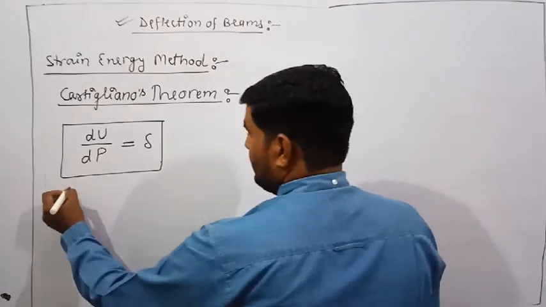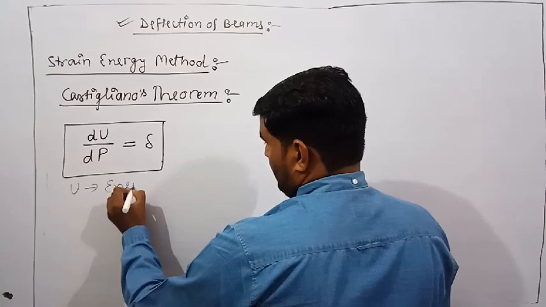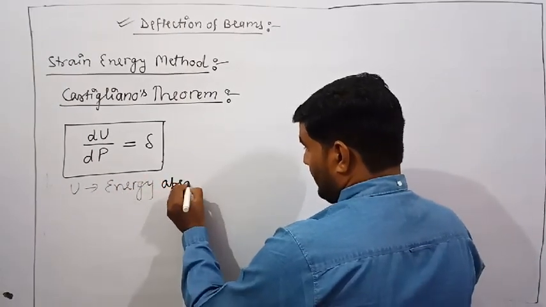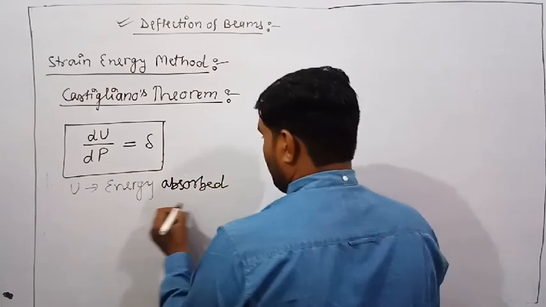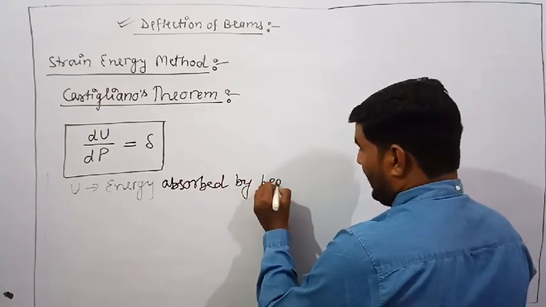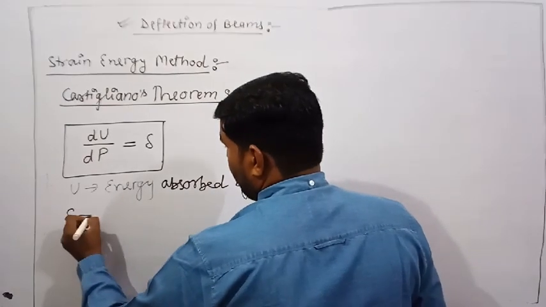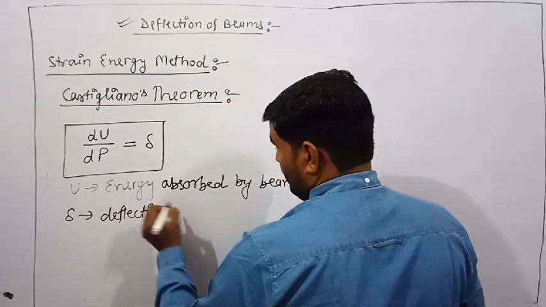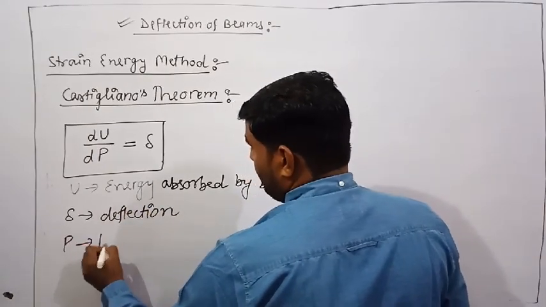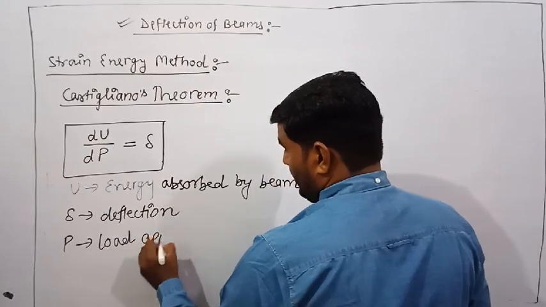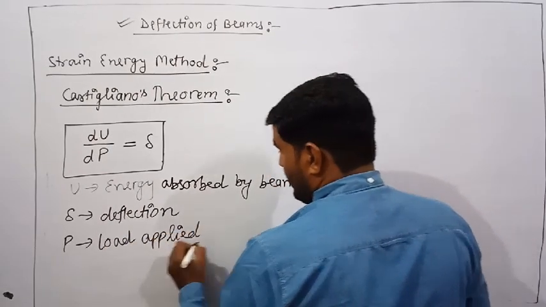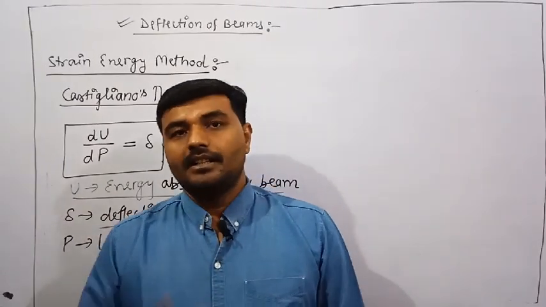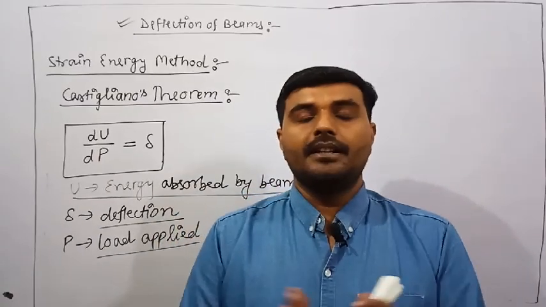So here students, U is the energy absorbed by the beam, delta is the deflection, and P is the load applied. Generally in case of a beam, when a transverse shear load is applied, the beam will bend.